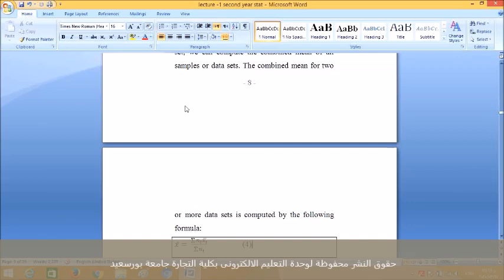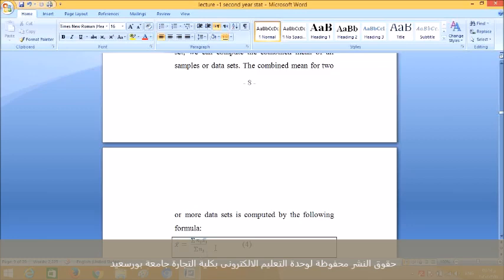You can say that this must be denoted by X bar bar, not X bar, but we use X bar here to simplify the concept of combined mean. X bar equals sigma ni x bar i divided by sigma ni.